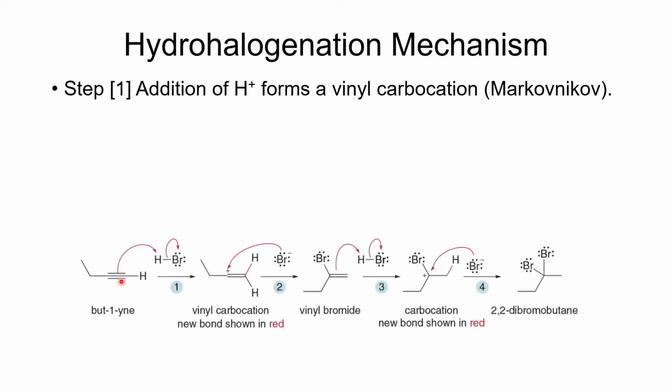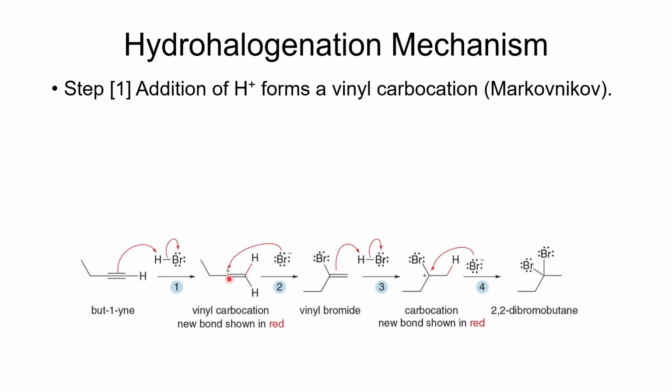adding hydrogen. The hydrogen electrophile is going to react with that carbon-carbon triple bond, one of the pi bonds, and the hydrogen will immediately go over to the carbon that has the hydrogen already, and here we form a vinyl carbocation.